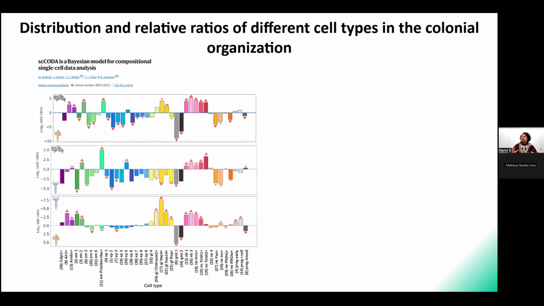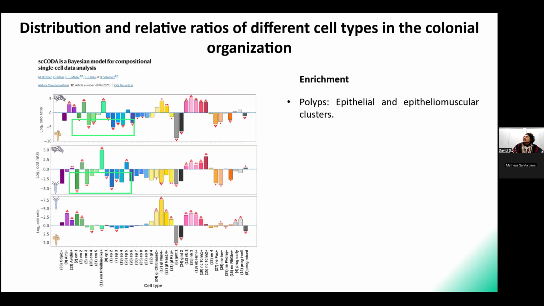And we generated these bar plots with different levels of significance. But it's worth highlighting here that when we compare the different parts of the colony, the polyps in general are enriched when compared to other parts. They're enriched with epithelial and epitheliomuscular cell types.